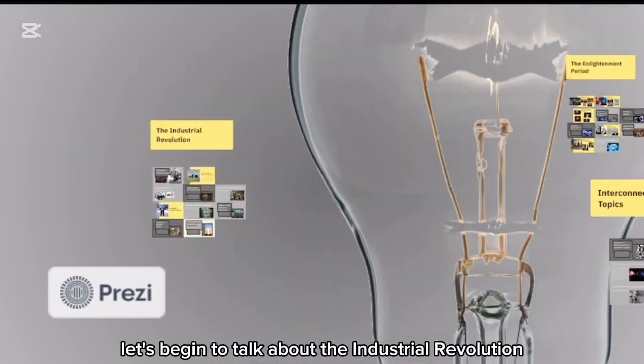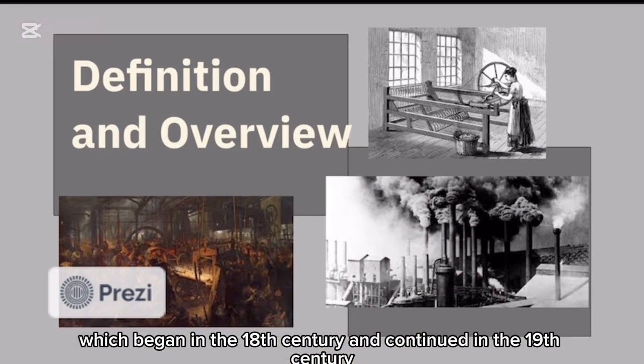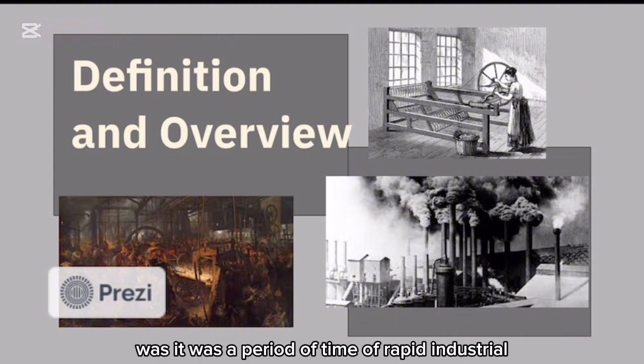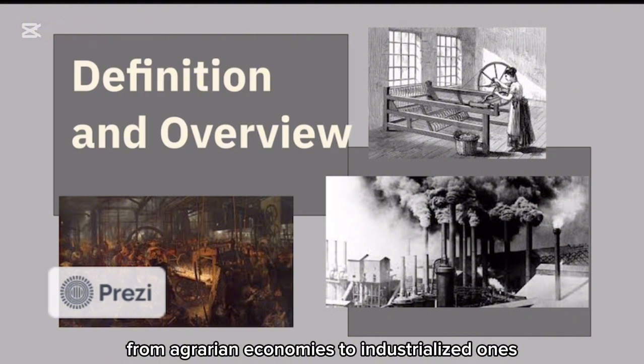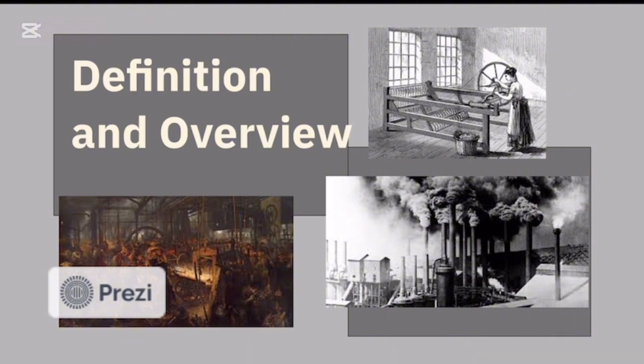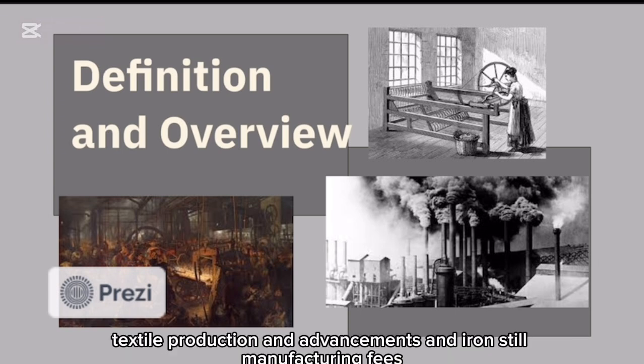Let's begin to talk about the Industrial Revolution, which began in the 18th century and continued in the 19th century. It was a period of rapid industrial, technological, and social change. It marked the transition from agrarian economies to industrialized ones, driven by innovations like the steam engine, mechanized textile production, and advancements in iron and steel manufacturing.